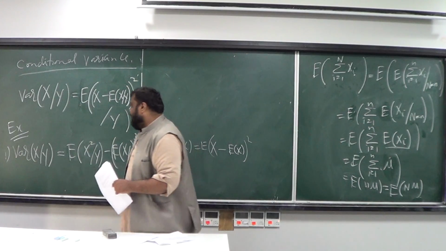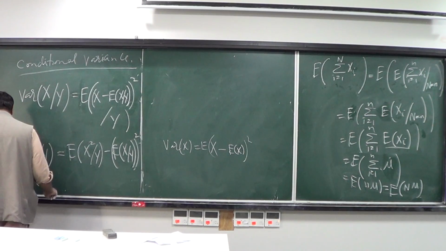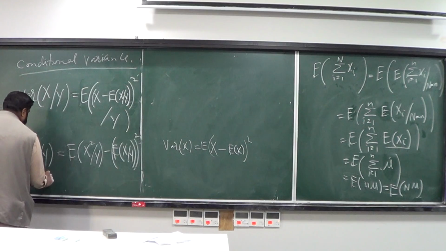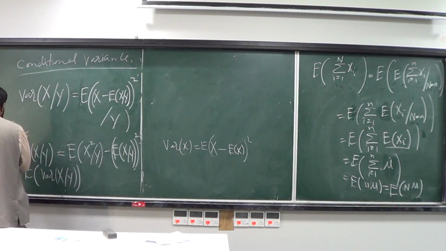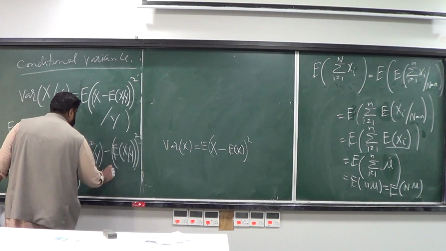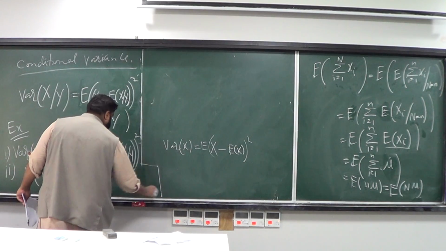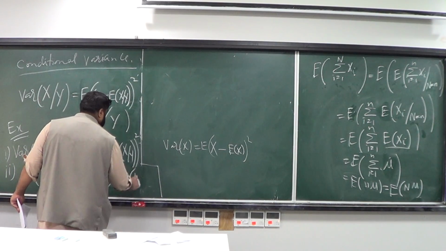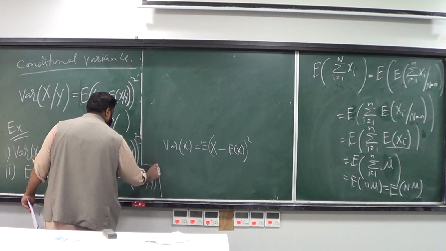We can answer this question: the expected value of the variance of x given y equals the expectation of x squared minus the expectation of the square of the expectation of x given y.